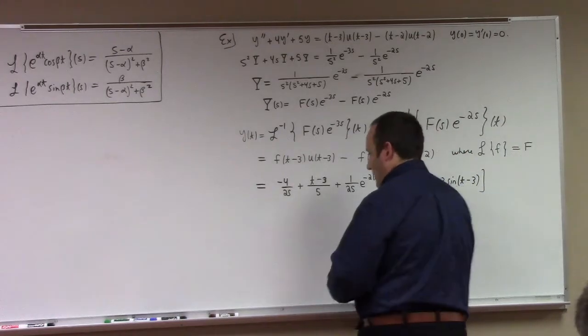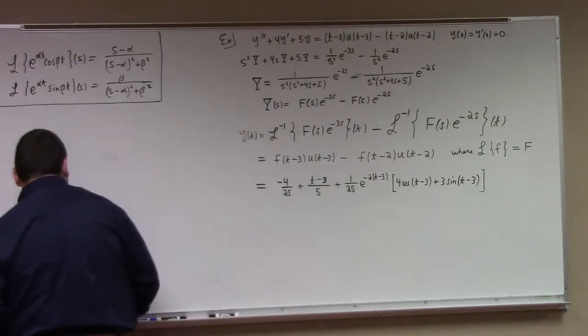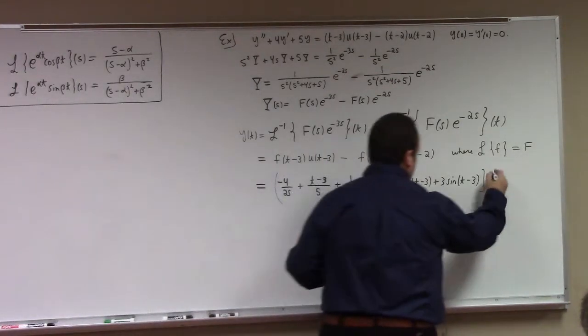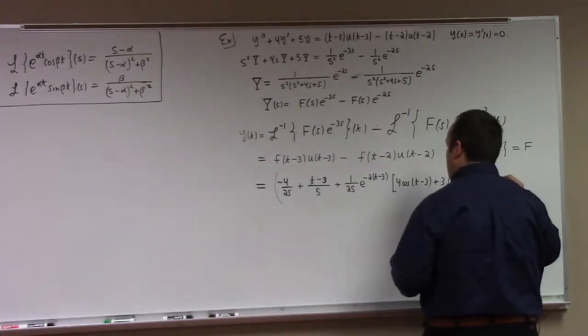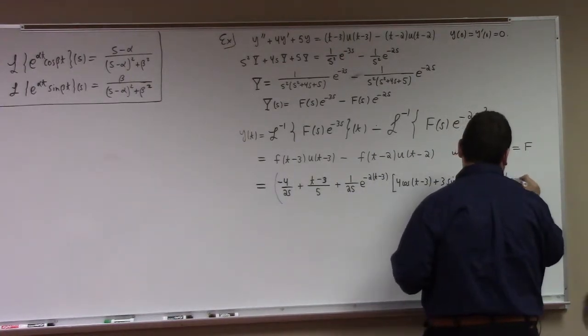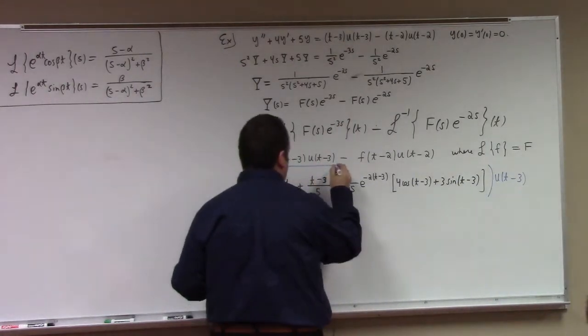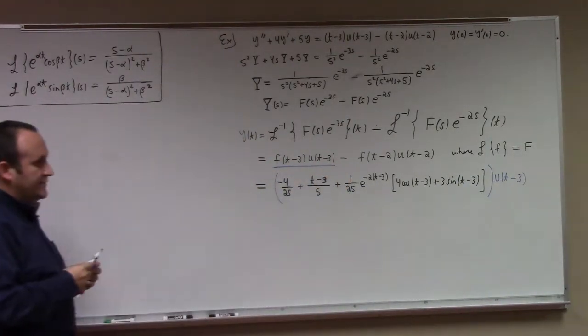And then all of that, times u of t minus 3. What I just wrote down is merely the details of what's meant by f of t minus 3 times u of t minus 3.